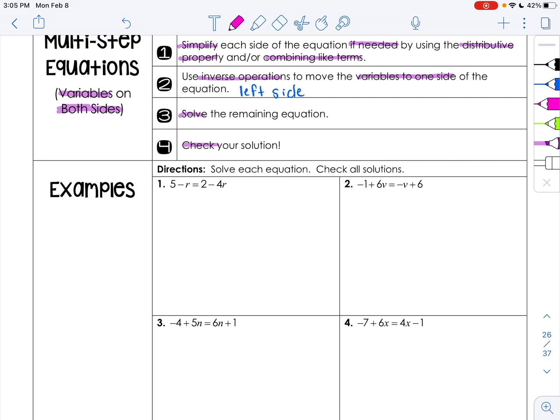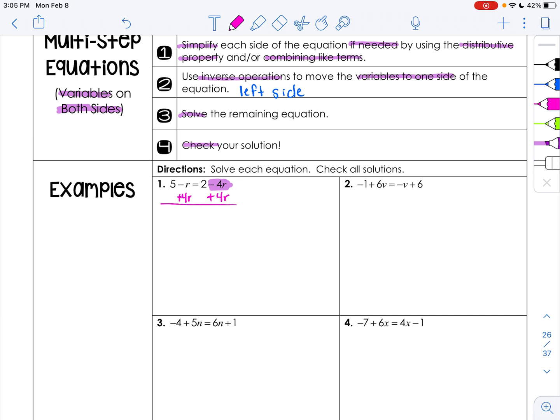So step 2 is to do the inverse operation to move the variables to the left side. What that means is we need to move this variable term to the left. And to do that, we have to do the inverse or the opposite operation. So instead of minus 4r, we're going to add 4r to both sides. And notice when I add 4r to both sides, I line it up with the term that is a like term that I can actually add it to.